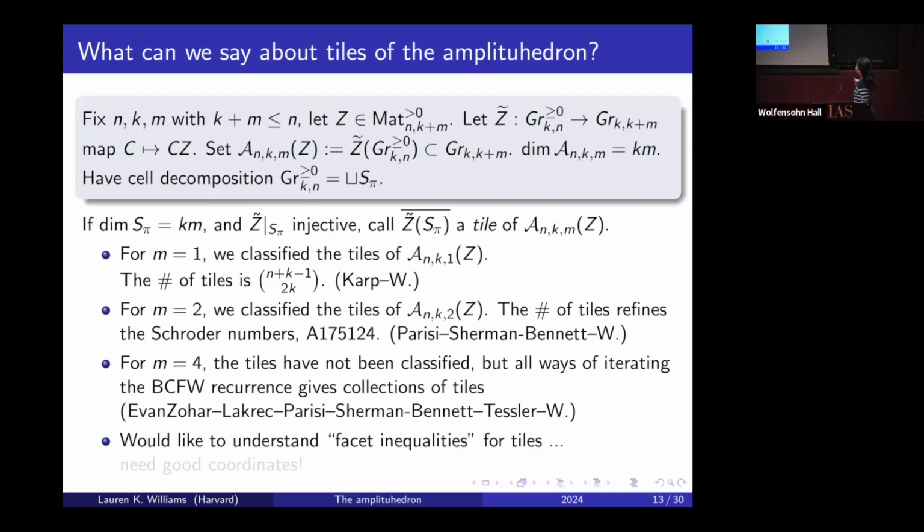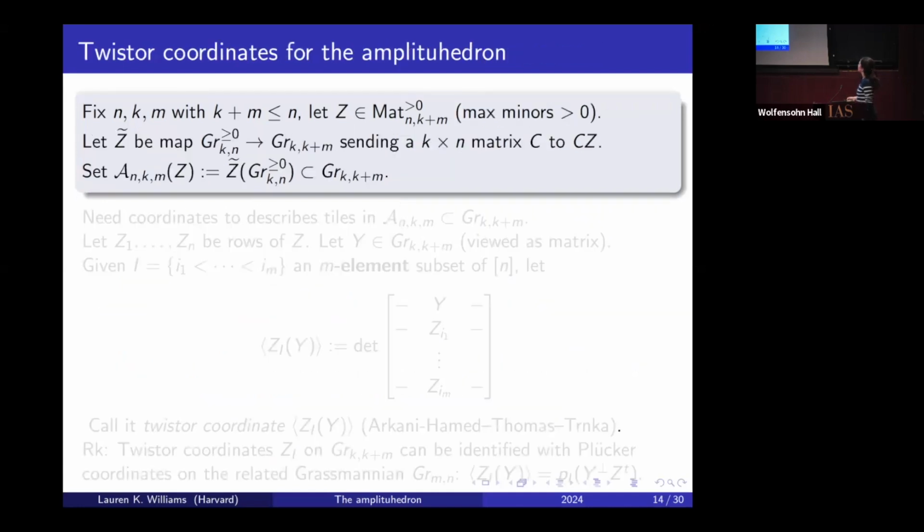And you might think that you want to use Plücker coordinates on the right-hand side, but that's actually a very bad choice. We want coordinates that somehow take into account our choice of the matrix Z. Okay, so what are the coordinates we're going to use? They're called twistor coordinates, and they're very simple to describe.